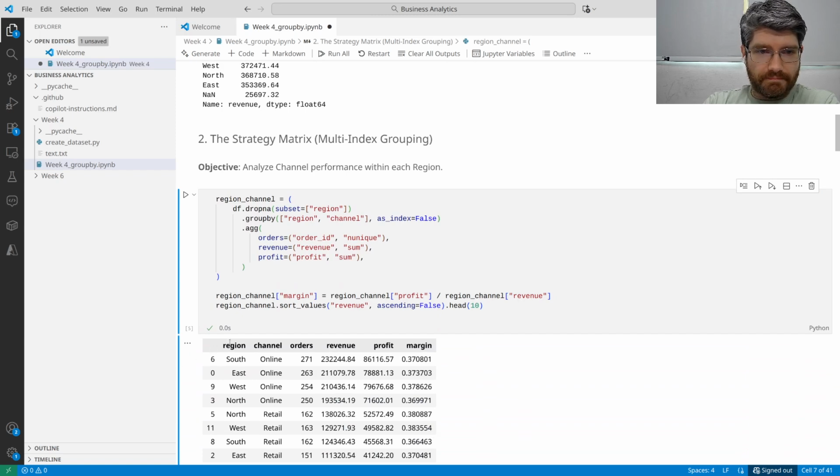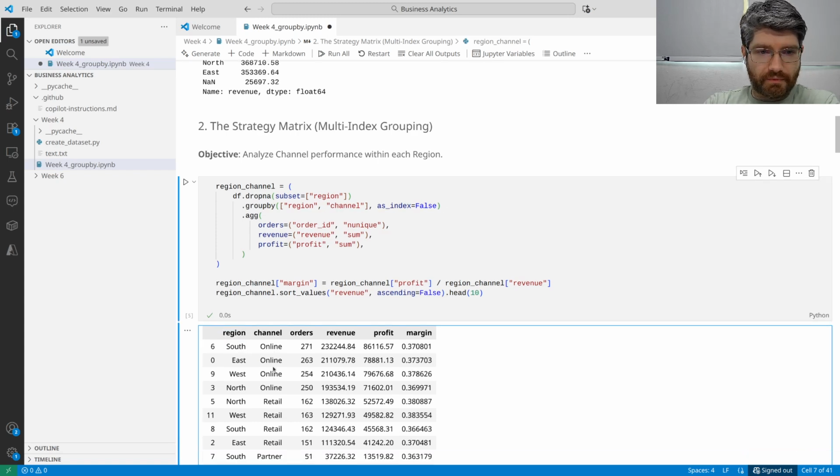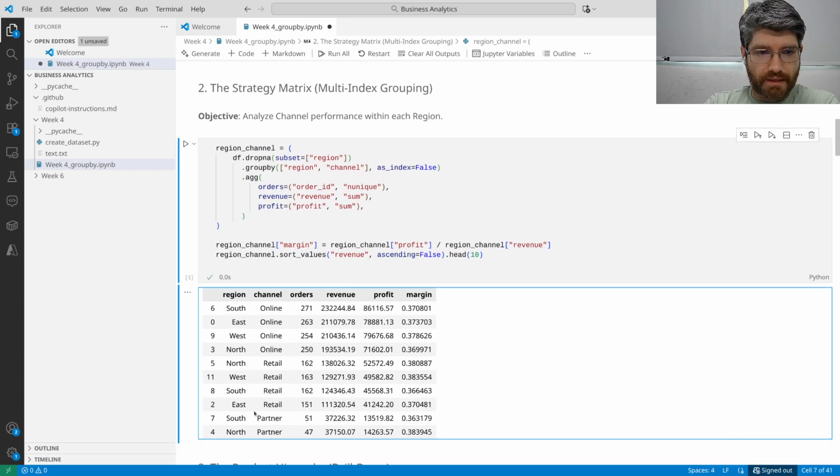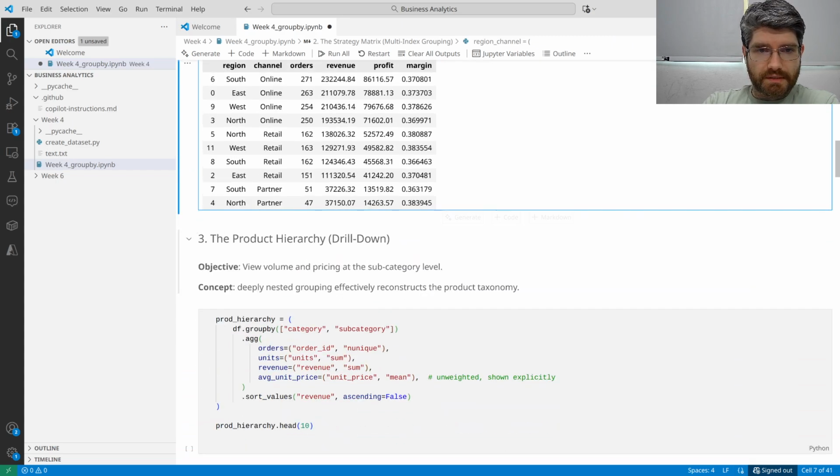We can see the granularity: South region online type of order, South region retail type of order, and South region partner type of order. The next thing we are going to deal with is weighted averages, pattern 3. When management asks for the average price of electronics, if you use mean, you treat a $2,000 laptop sold once the same as a $10 cable sold 500 times. So you need a weighted average, and you shouldn't use apply.